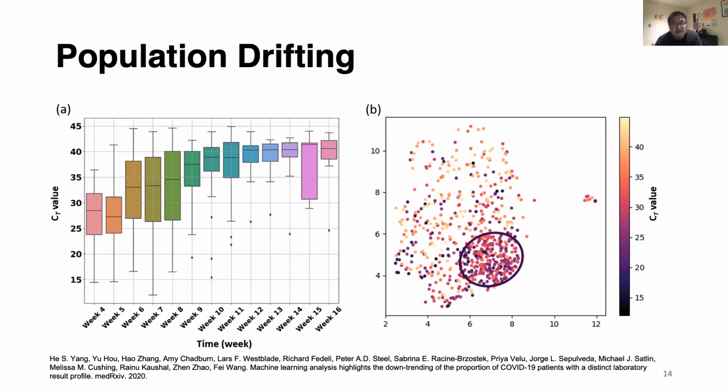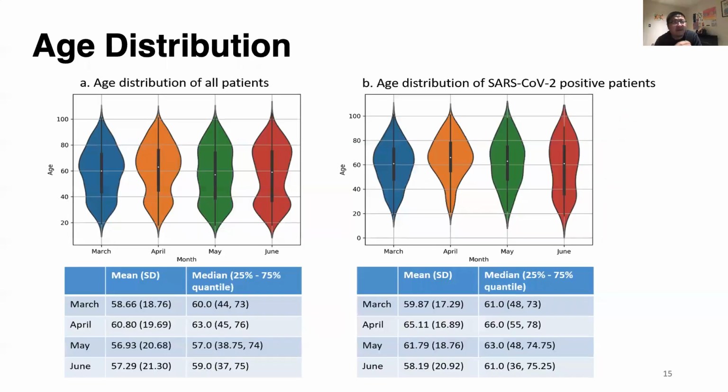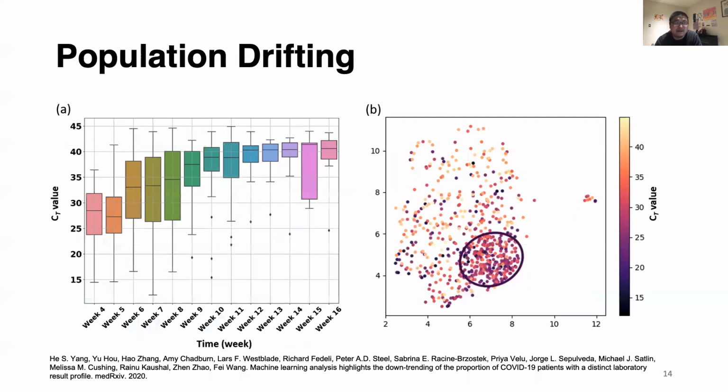There are some theories talking about how over time the viral load is becoming lower. As you can see, the CT value is becoming higher and higher. So people say this suggests that the higher the CT value, the lower the viral load. So the viral load is becoming lower and lower, which means that the disease is becoming less and less deadly.